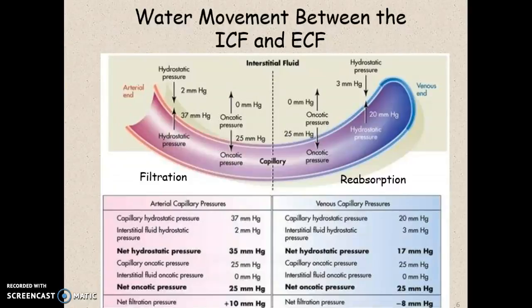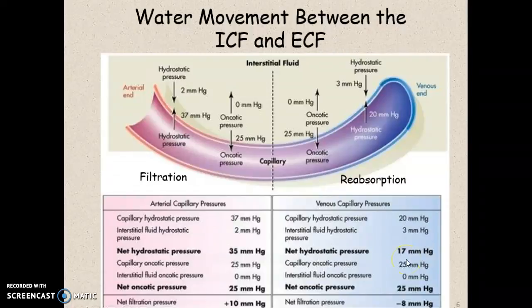If you look at the numbers in the capillary at the arterial end, there would be more fluid content, all right? The pressure is higher, the fluid content is higher because fluid hasn't moved out yet. So there's more hydrostatic pressure, 35 here, than there is at the venous end, 17 millimeters mercury.